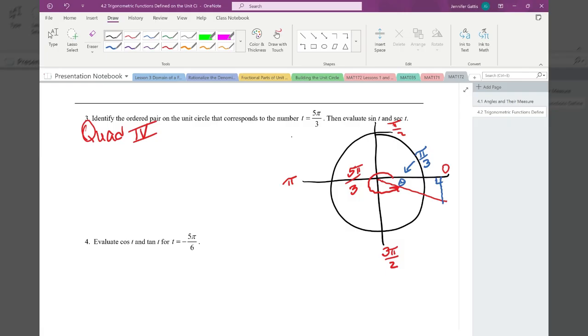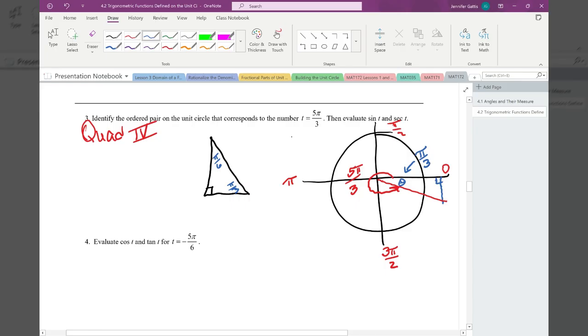So when we consider our special right triangles, okay, we have our pi over 6, which is our 30, and our pi over 3, which is our 60. So we can convert those.